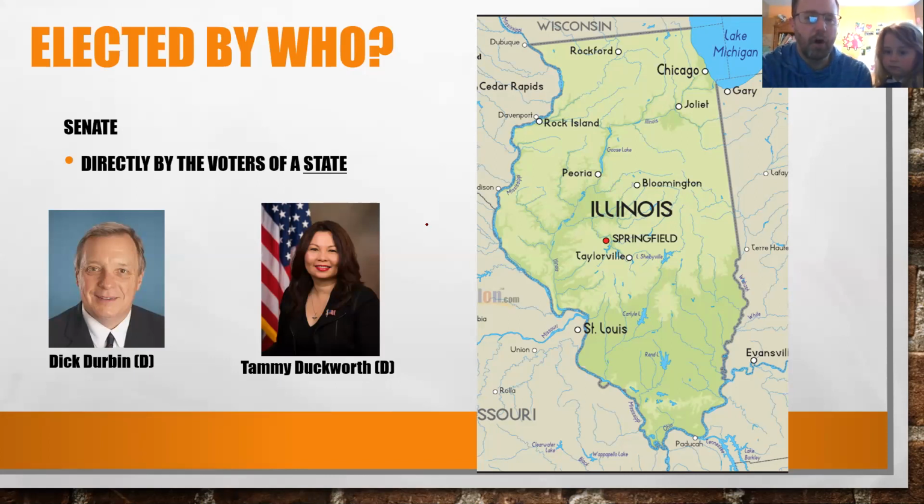They have to look at all aspects. Okay, a member of the House of Representatives is just focusing on that smaller area of just the Joliet area, just the Shorewood area, just the Channahon area, wherever your physical address is. So the senators have a little bit larger responsibility because they're representing more people as a whole.